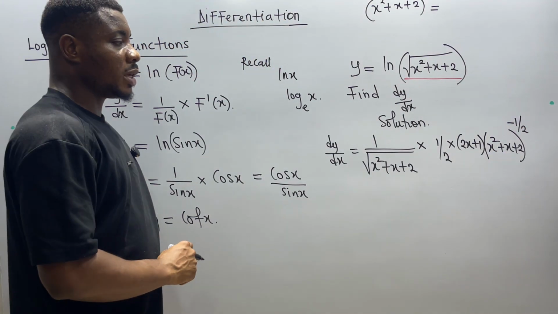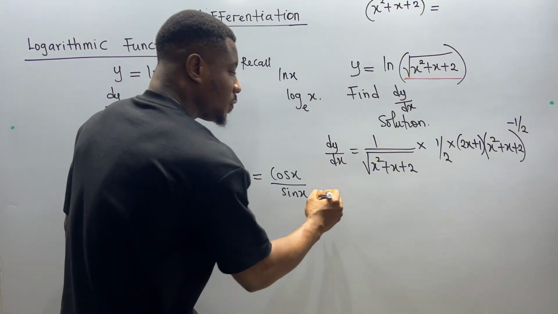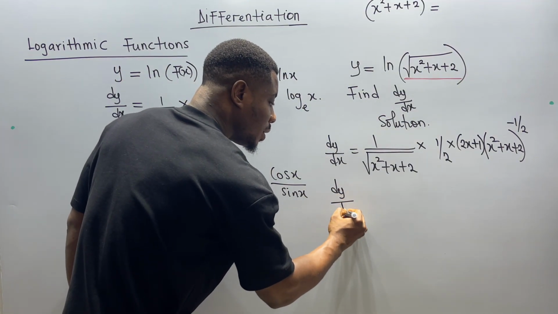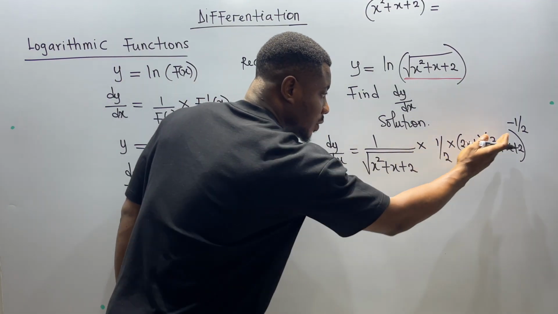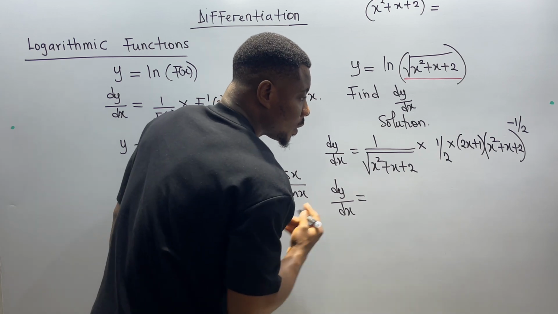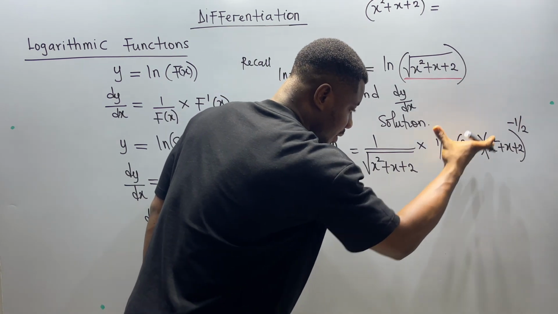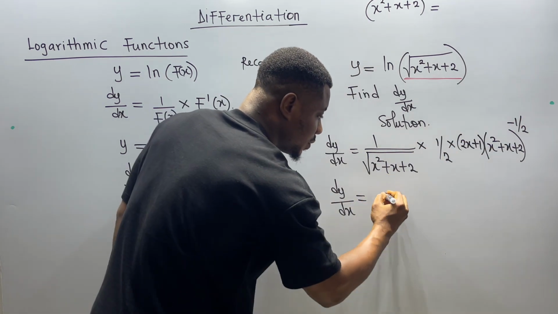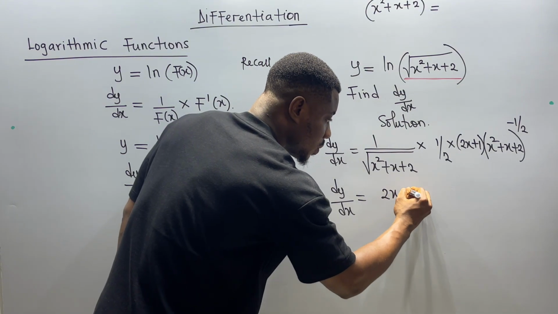Now the next thing I'm going to do is simplify what we have. So dy over dx becomes equal to what we have on top. Because of this negative power, I can bring it down. So on top we have just 2x plus 1 left.